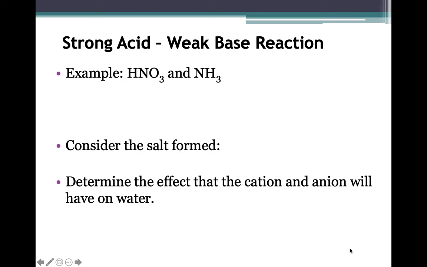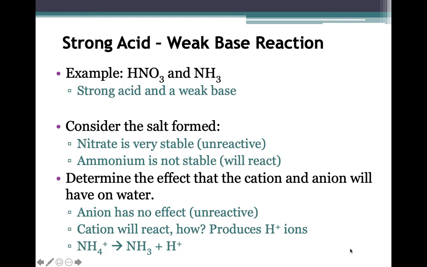Looking at those products, the NO3 is very stable and unreactive. However, the ammonium, which is the product of this reaction, is not extremely stable and it will react. So this anion has no effect on the pH, but the cation will produce hydrogen ions by dissociating in the reaction you see at the bottom.